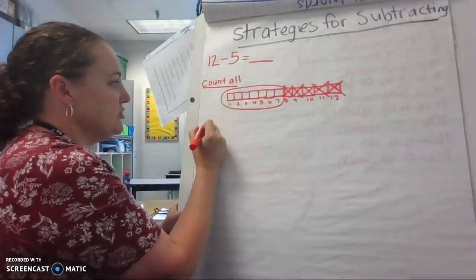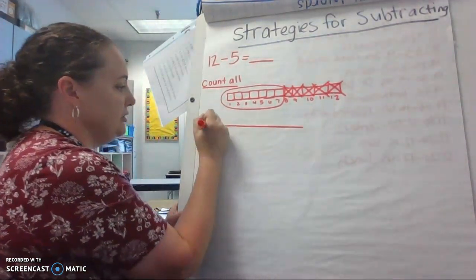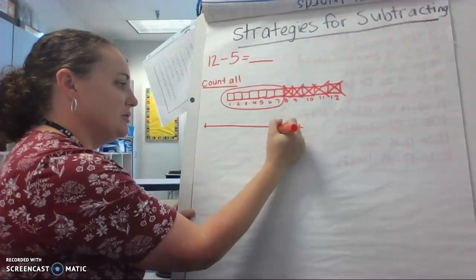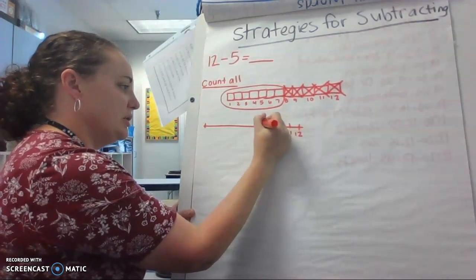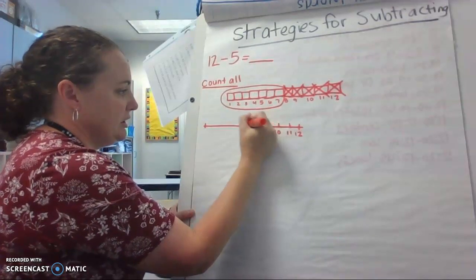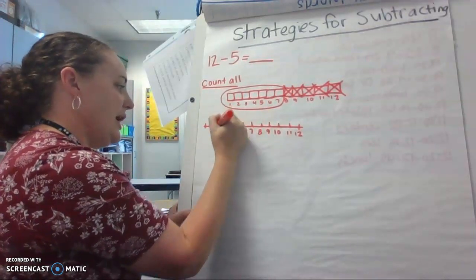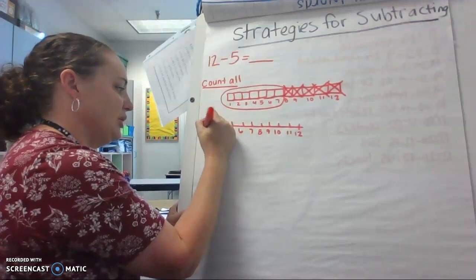Good. You could also do count all on a number line. 12, 11, 9, 8, 7, 6, 5, 4. Perfect.